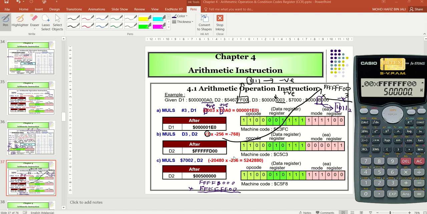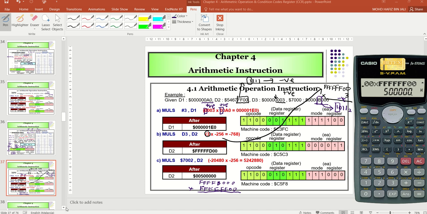Just consider the word size of the source and destination data, and then check the MSB value whether it has a 1 or 0. If converted to binary it produces 1, the rest of the upper word size needs to be replaced by F. If it's 0, just replace the upper word size with 0.